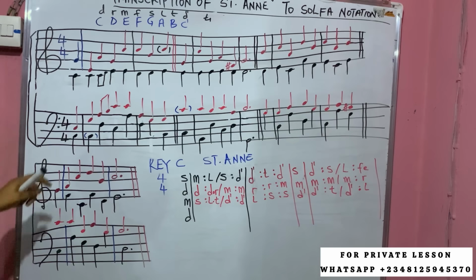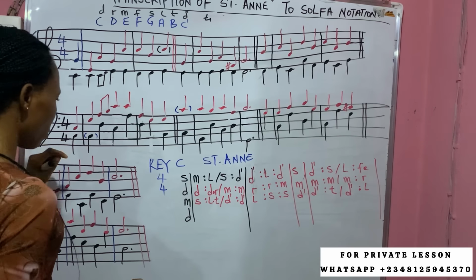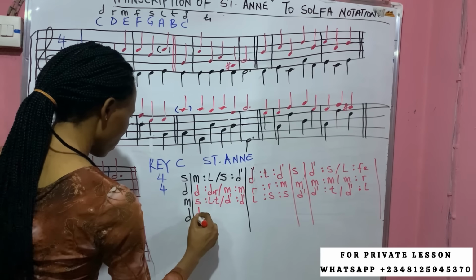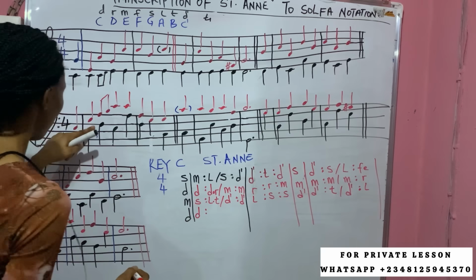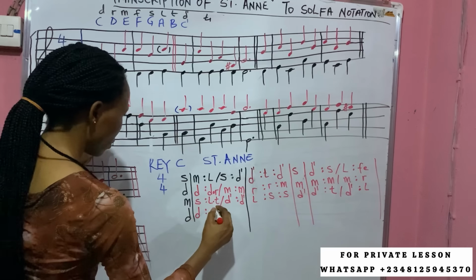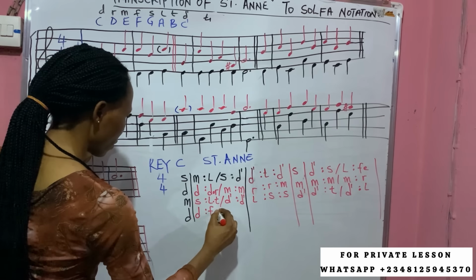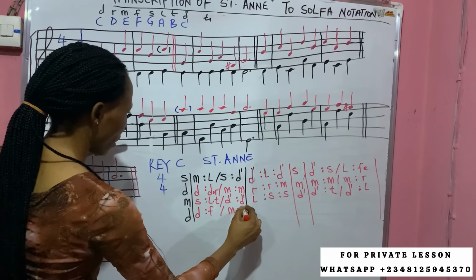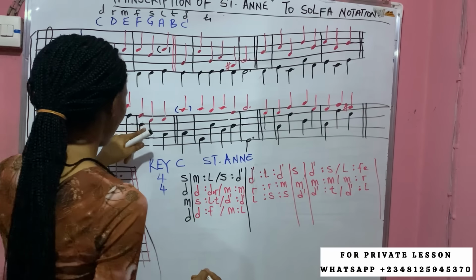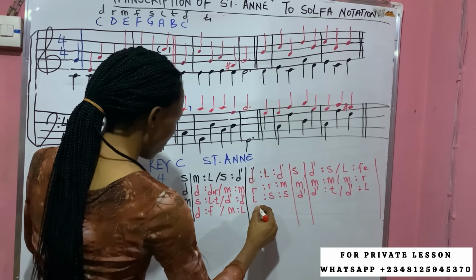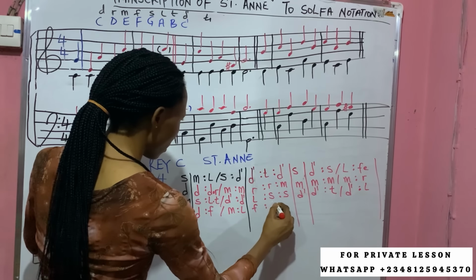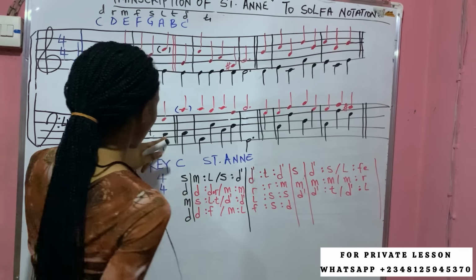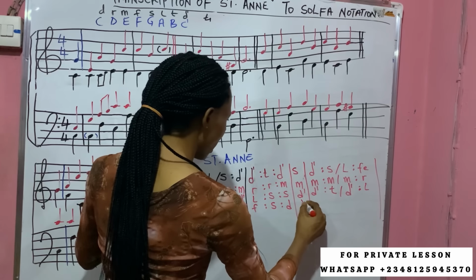Then for the bass we have C, the lower C, which is Do. Then we have another Do. Then we have F is Fa and E is Mi. Then we have A as La, and we have F and G as Fa and So, and we have Do again. Then we have the same Do again.